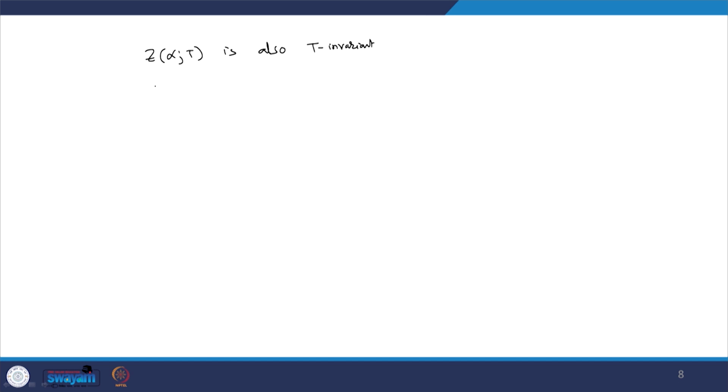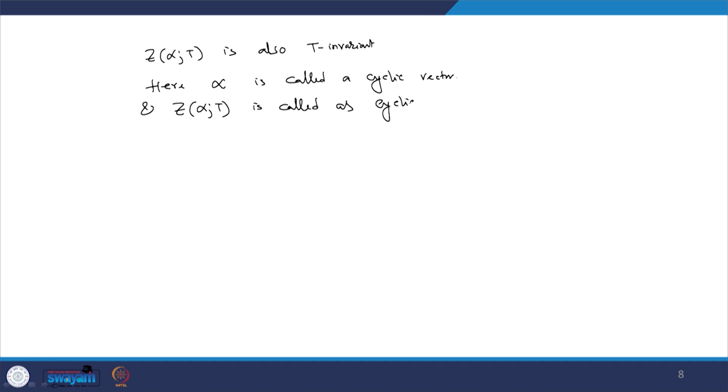Apart from that, here alpha is called a cyclic vector, and Z(alpha; T) is called a cyclic subspace of the vector space V. Why is alpha called a cyclic vector?